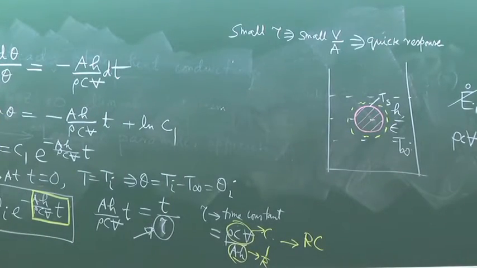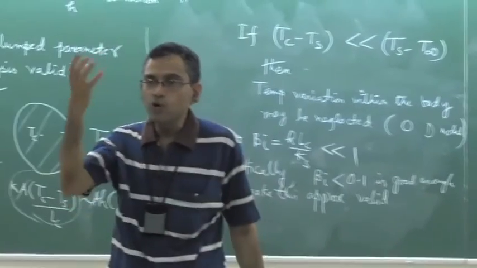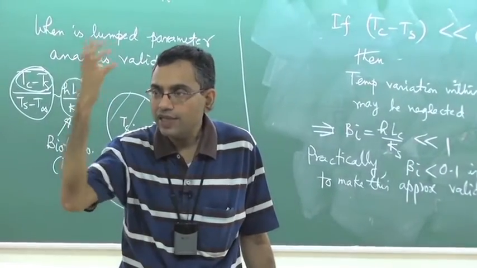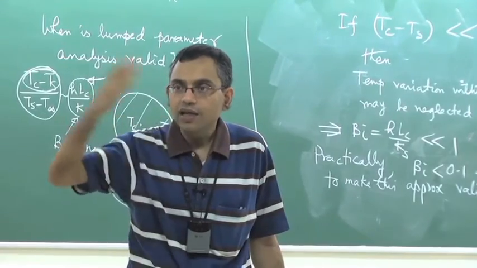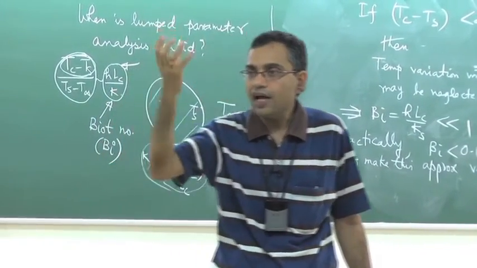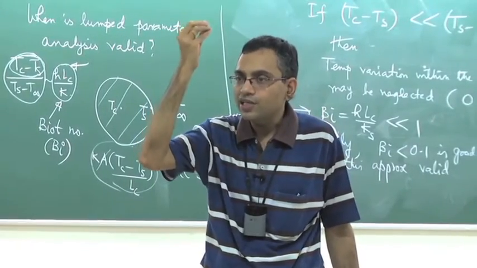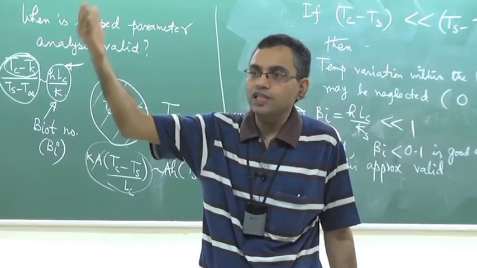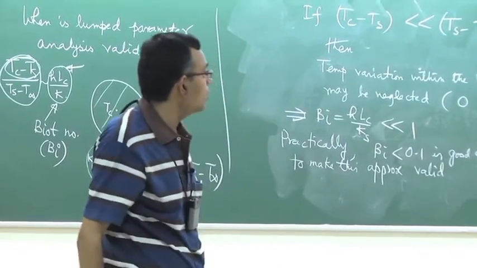Why is it so? Because volume is what? Volume is the storage of thermal energy, and what is area? Area is the surface over which heat gets transferred. So if the area is much larger as compared to volume, then there will be rapid transfer of heat as compared to thermal storage.